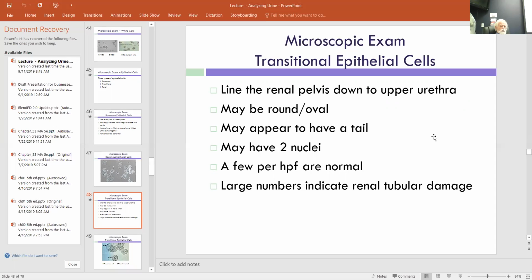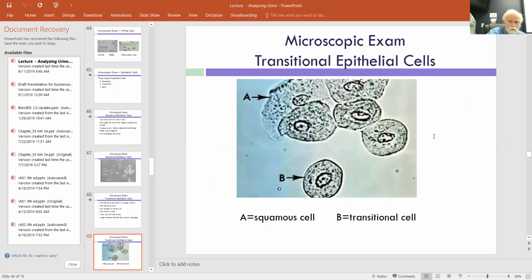And again, a few of these are normal, but large numbers can indicate renal damage. So this is sort of what a transitional cell looks like. The A in this is a squamous cell, and the B is a transitional cell. It's a little more regular and just a smidgen smaller than a lot of the squamous cells.